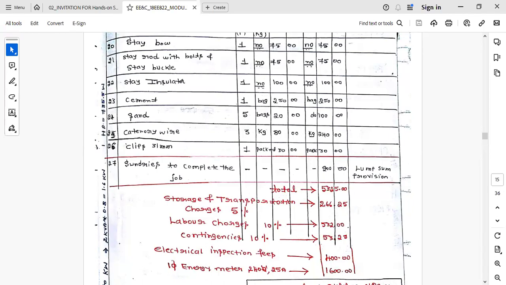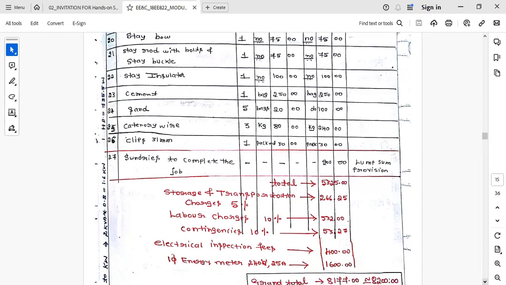Okay, please, I'm sorry, take down 5325 total cost, 5% of that, we are going to get 266.25. Next, 10% of 5325, that is nothing but 532. Next one, 10% of 5325, that is nothing but 53.25.